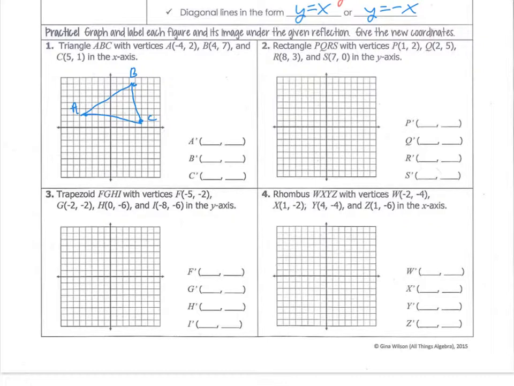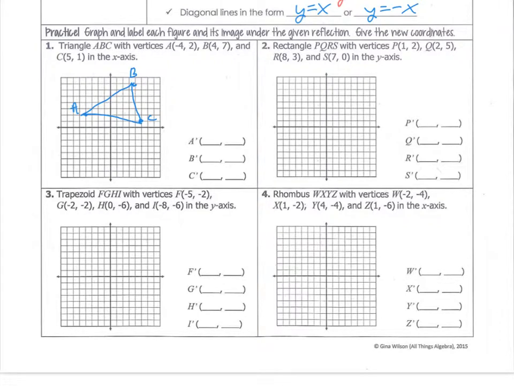Preimages always have capital letters for their vertex points. You're going to find that the image, which is the result of our reflection, is going to have this apostrophe, if you will. It's called a prime, so it's the A prime, B prime, C prime. That denotes our image, our final result.